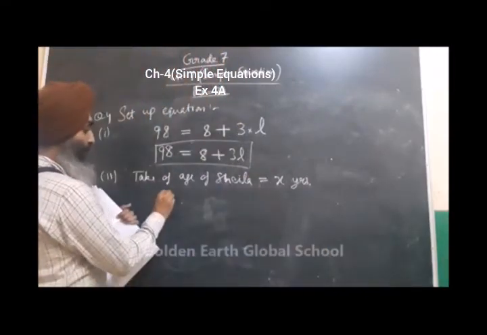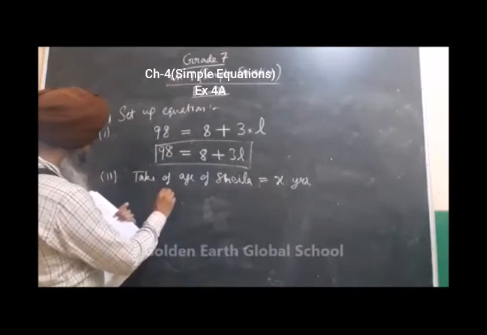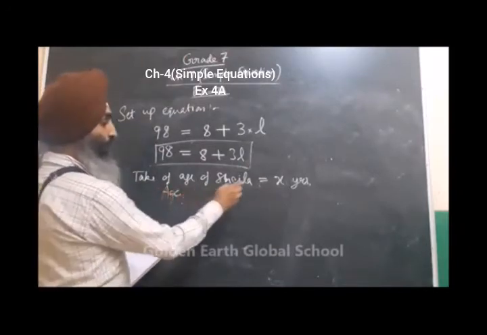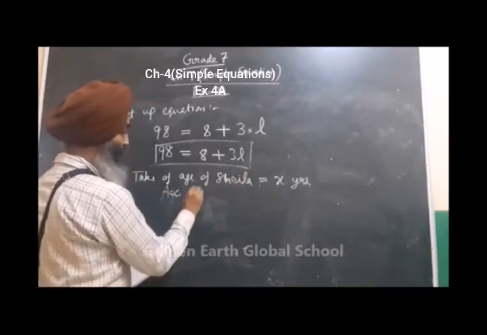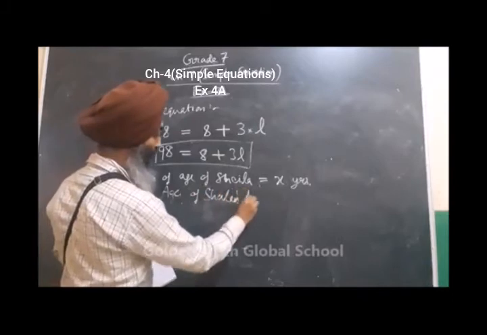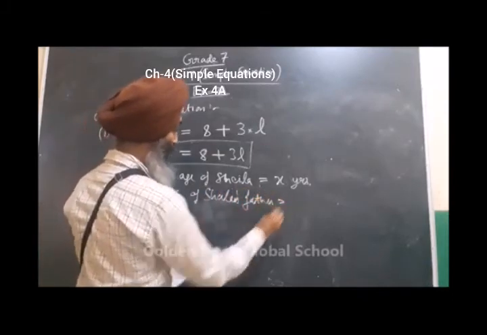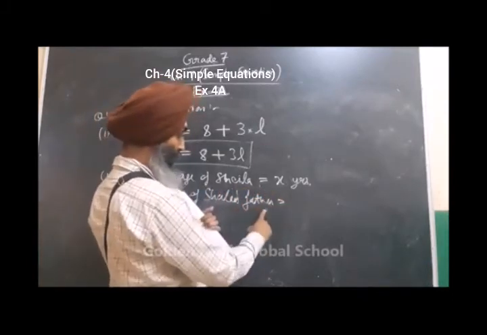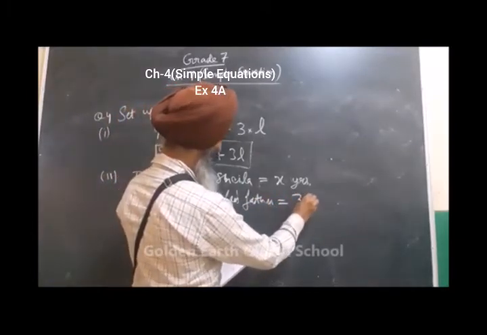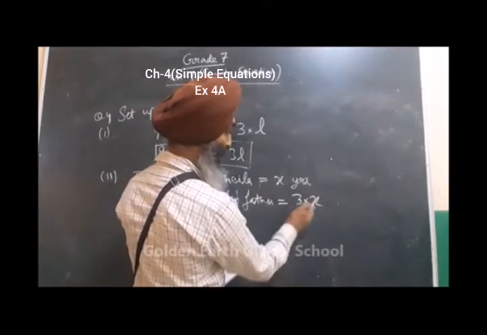So if the age of Sheila is x, the age of Sheila's father will be 3x, since times means multiply.